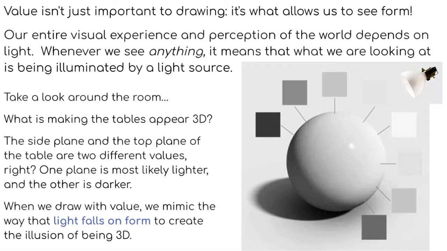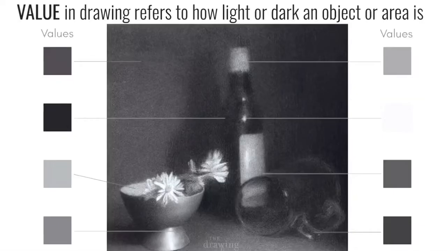There's going to be the side plane, and then there's going to be that underside, or maybe a different side, a different angle that isn't catching the light as well, and that's going to be our shadow. Okay. Those 3 different values, even if they're just simplified, are what's going to change it from looking like something that's very flat into something that's looking 3-dimensional.